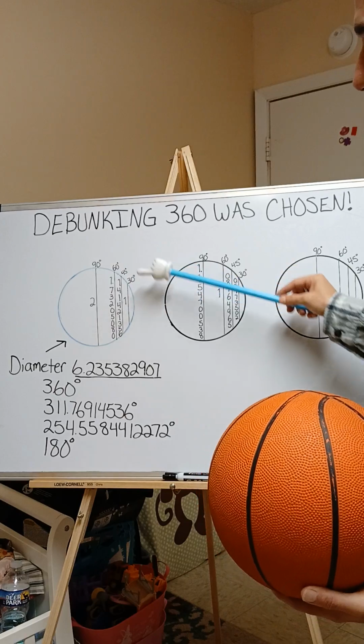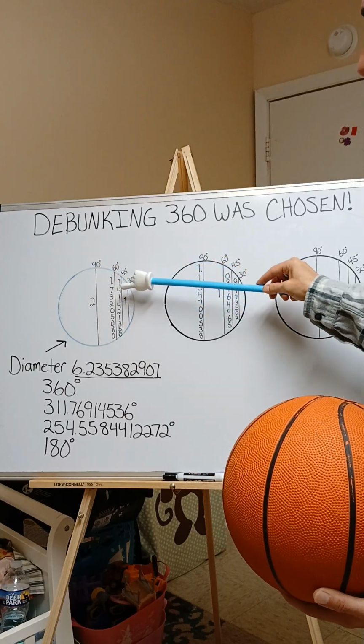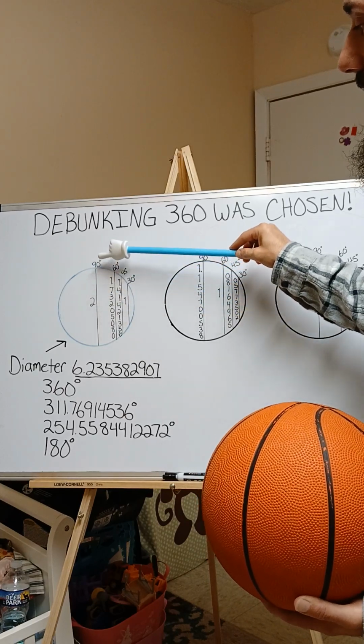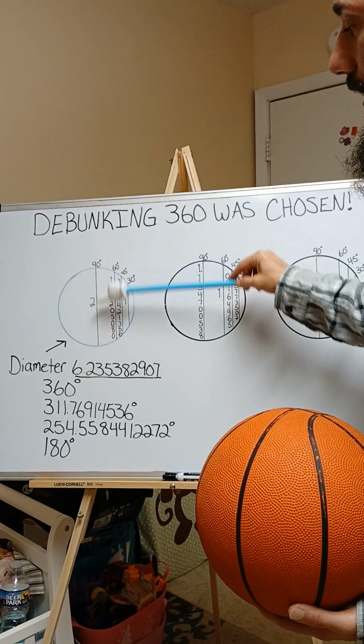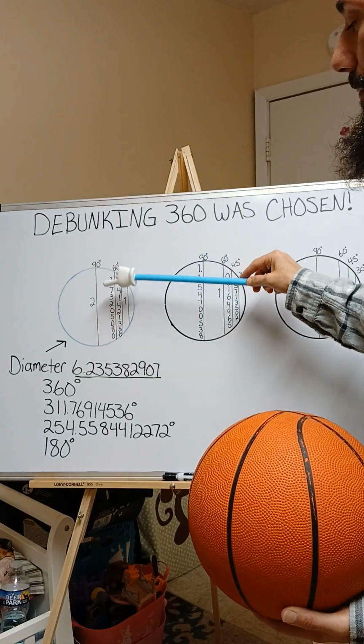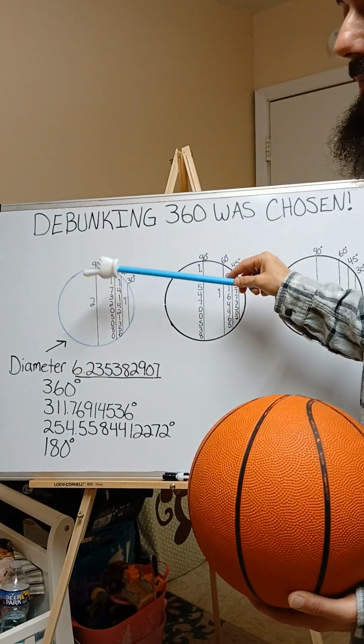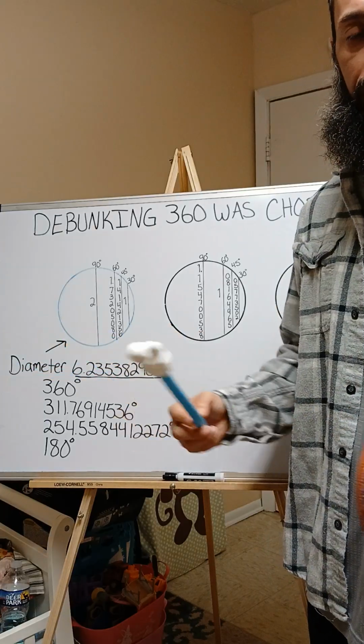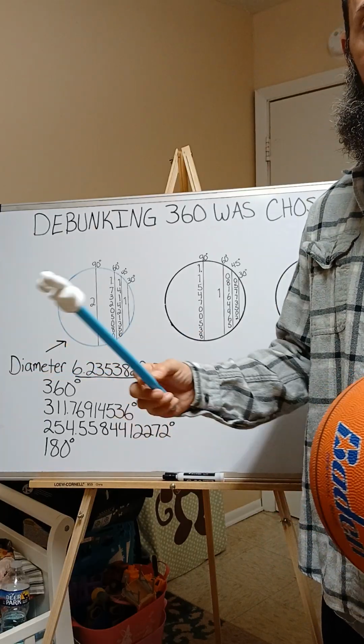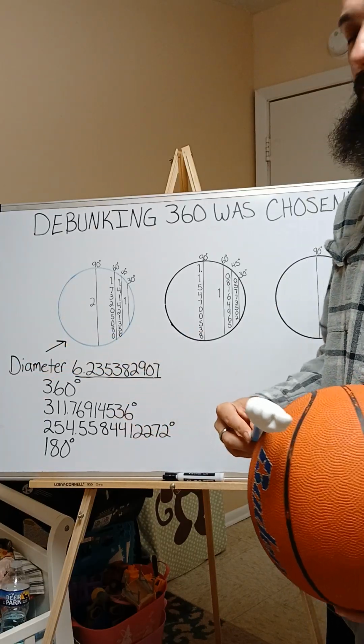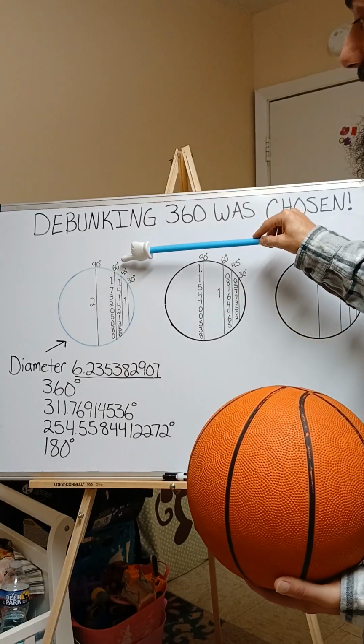Now, let's go back to the beginning. Whenever you multiply the main diameter of the circle or ball by pi, that will always tell you where 360 degrees is located on your circle, correct? Let's move down to 60 degrees.